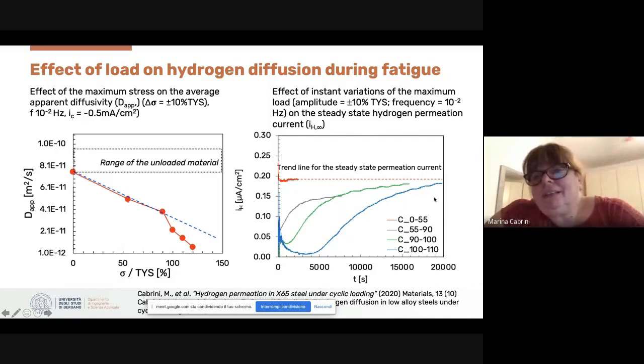And this is an interesting effect: after a transition, the steady state value reaches again the value from before the increase of hydrogen permeation. It was demonstrated that this effect was due only to the generation of new traps, and when the traps were filled by hydrogen, the fatigue cycle did not influence the hydrogen diffusion inside the steel.